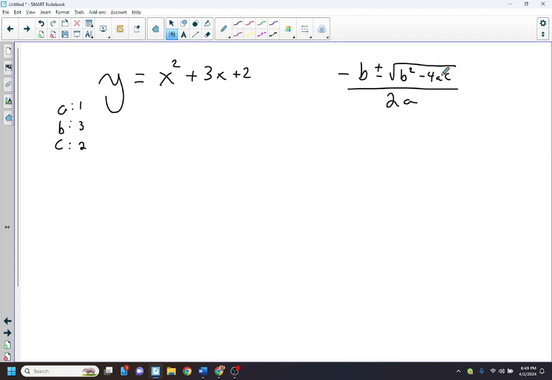And then I take it and just plug it into the equation. Negative 3 plus or minus the square root of 3 squared minus 4 times 1 times 2, all over 2 times 1. I am just replacing all the letters with the numbers that they match with.